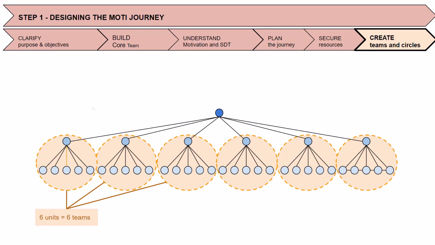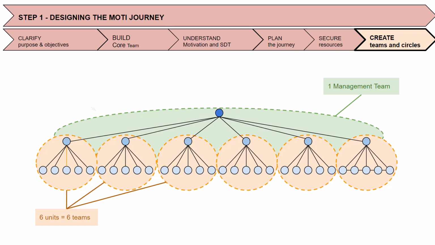So what you would do would be to create a management team, and that management team includes the 6 unit managers and the department head, if this is a department. And so you now have 7 teams.